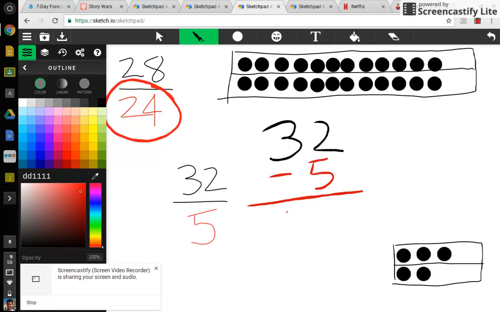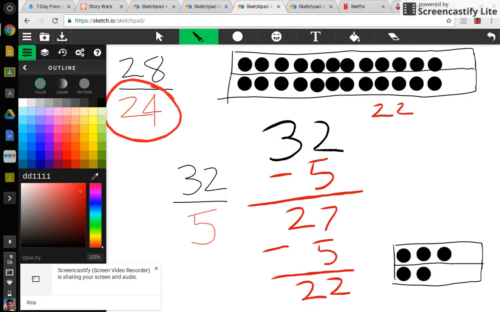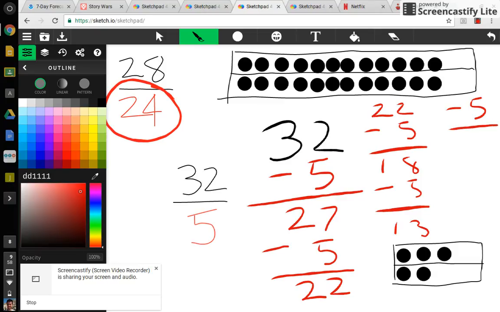So I take that away, I have 27. Take away another 5, I have 22. Take away another 5, let me write this up here. Take away another 5, I have 18. And I'll keep going. 13 minus 5 is equal to 8.